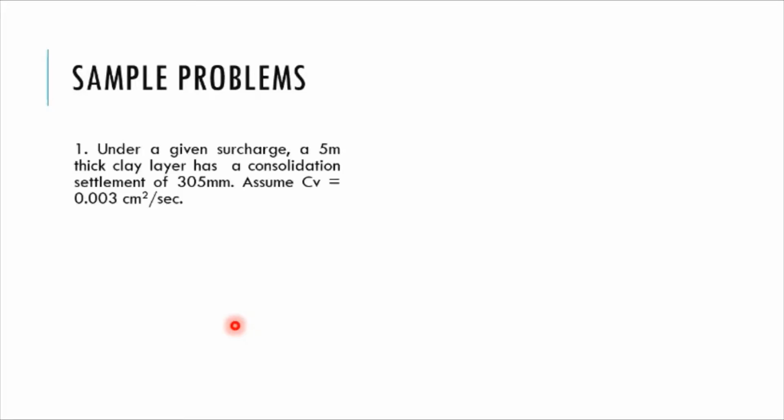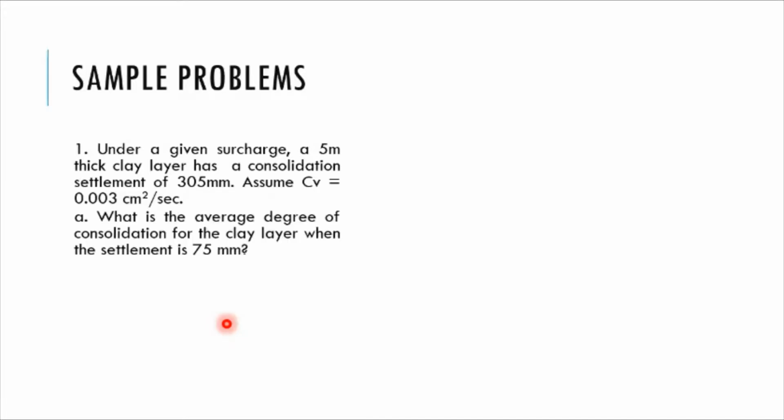Under a given surcharge, a 5-meter thick clay layer has a consolidation settlement of 300 millimeters. We assume that the constant Cv is equal to 0.003 centimeters squared per second.